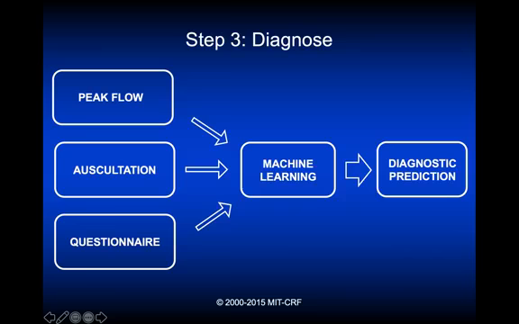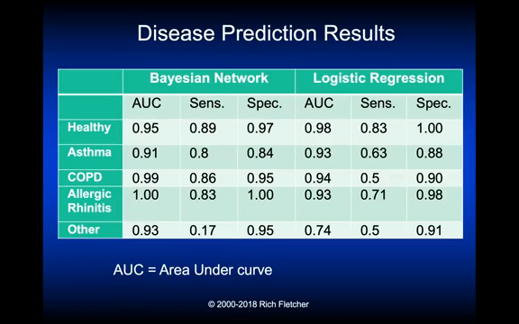We take the data from those three items: the peak flow, the lung sounds, and the questionnaire, and we analyze them through an algorithm, and then we give some prediction, some diagnosis. These are some results from different types of machine learning models that we have used.